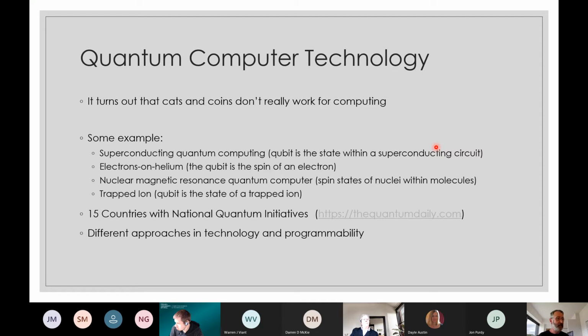And you need it at that temperature, or you lose coherence, you lose your superposition, you lose your entanglement. But out of interest, there are 15 countries that have national quantum initiatives looking at how to build and how to use quantum computers. So it's of great interest worldwide.